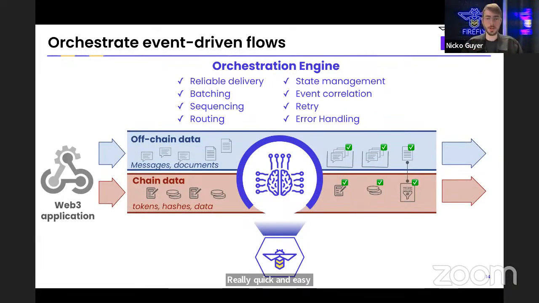The orchestration engine of FireFly is really a key part of the architecture. It is the thing that connects all of the different pieces of FireFly, whether that's IPFS, FireFly's local database, the data exchange component, or the blockchain itself.